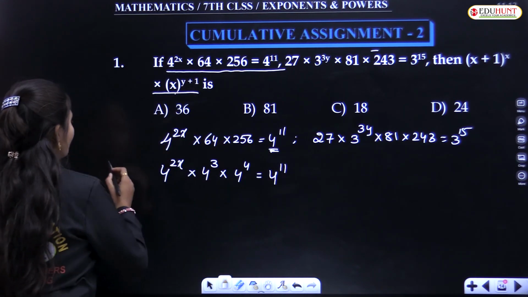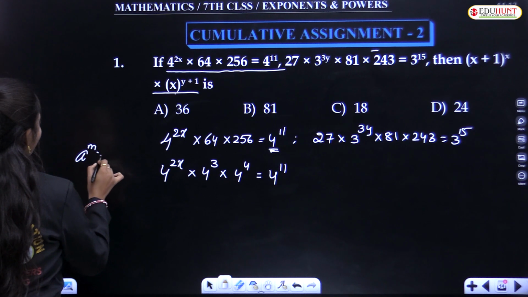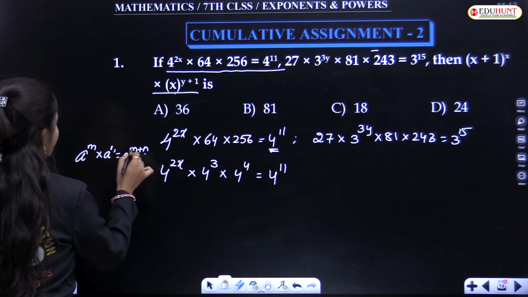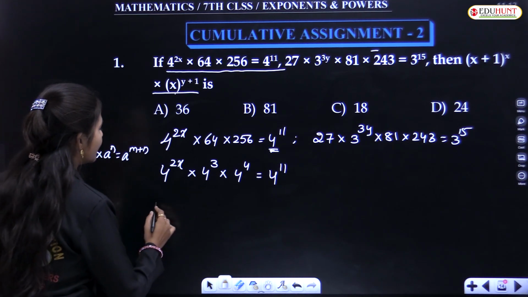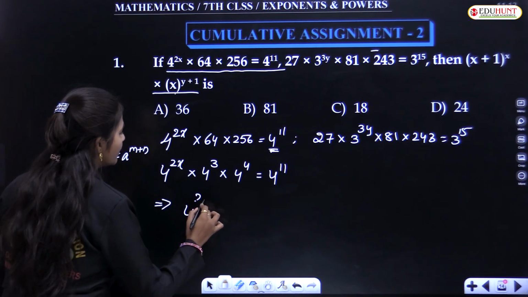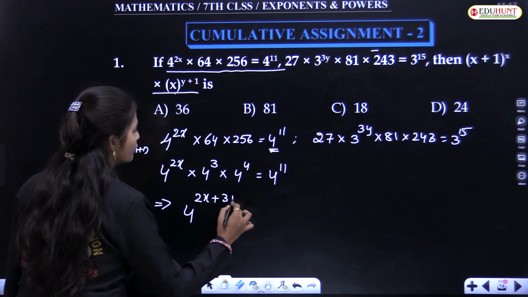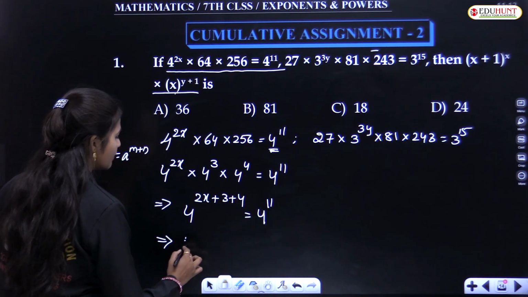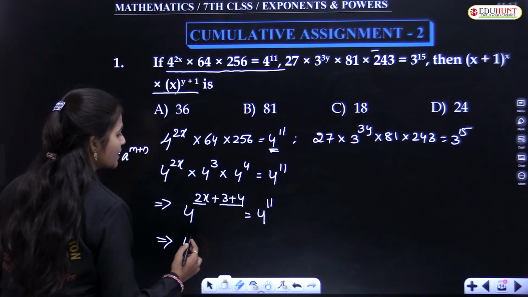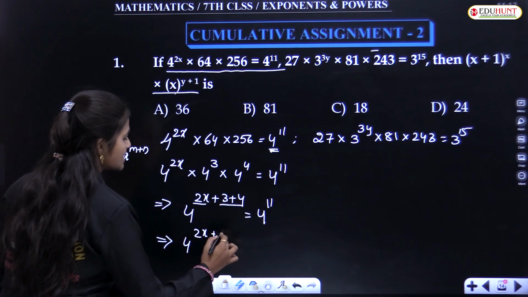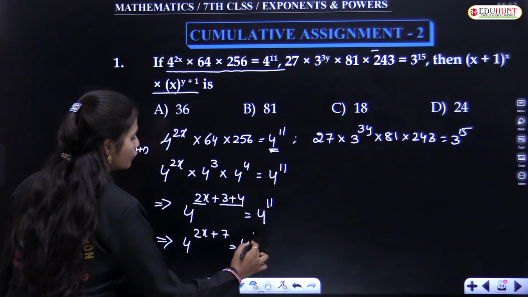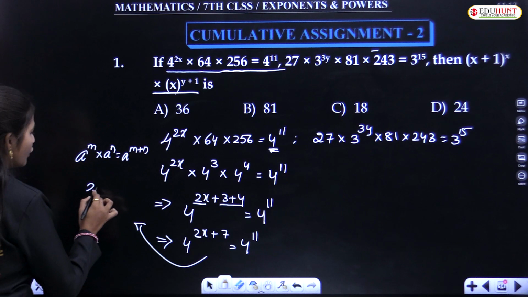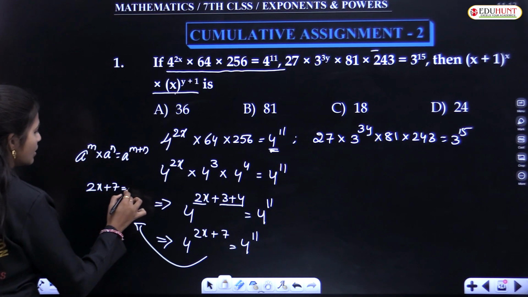Now this is in the form of a power m into a power n, which is equal to a power m plus n. By applying that formula here, 4 power 2x plus 3 plus 4 is equal to 4 power 11, which means 2x plus 7 is equal to 11.